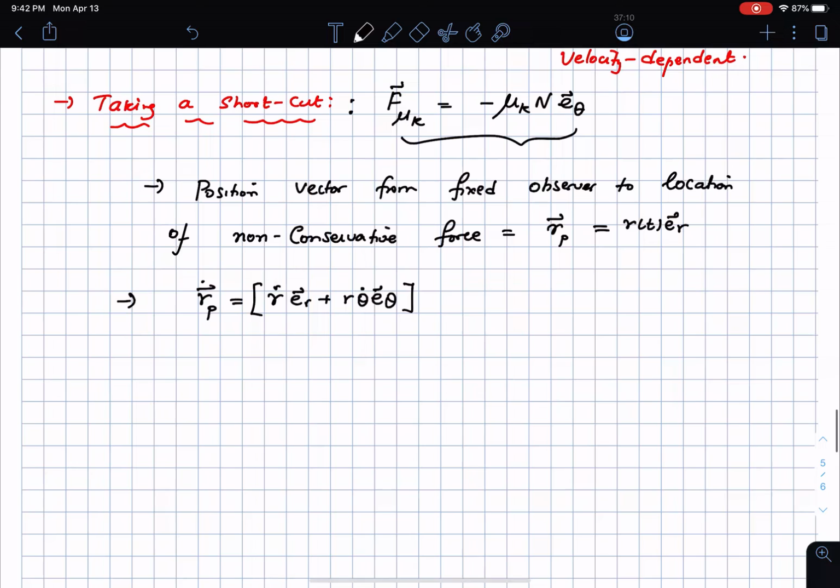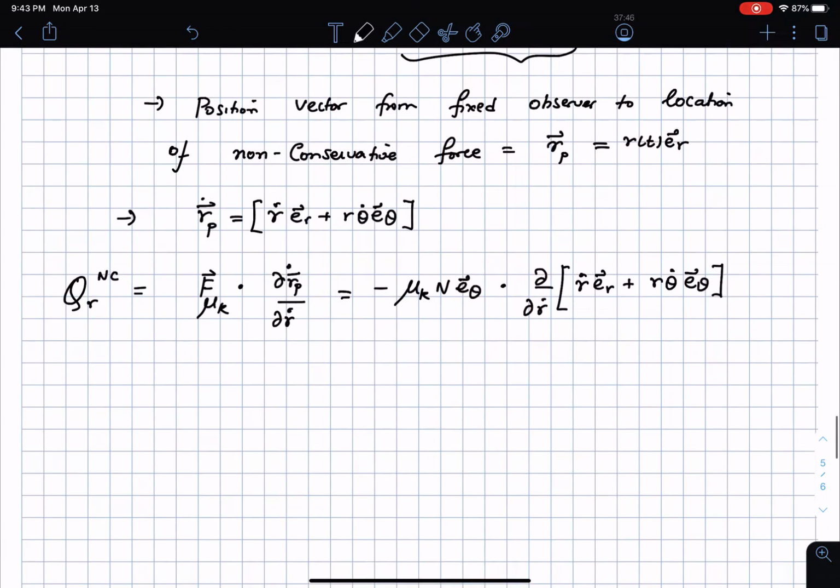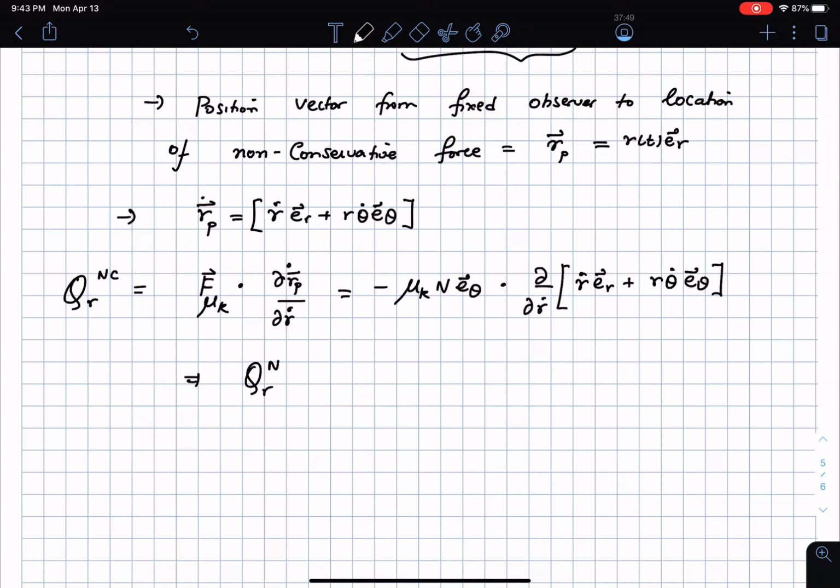Q R NC is going to be, since I have only one force, F mu k dotted with d r dot P by d r dot, which is minus mu k times n times E theta, dotted with d by d r dot of R dot ER plus R theta dot E theta. This tells me Q R NC is minus mu k n E theta dotted with ER, which is obviously 0.